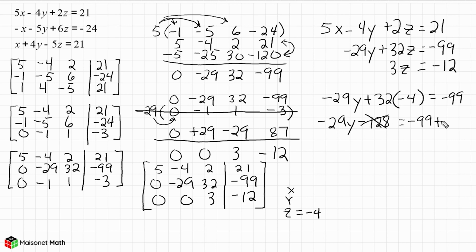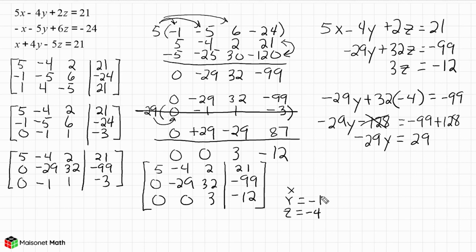Let's write the inverse of subtraction, which is adding 128. And negative 99 and positive 128 is positive 29. And on this side, we have negative 29y. And the only thing we can multiply negative 29 by to make positive 29 would be a negative 1. So y is equal to negative 1.